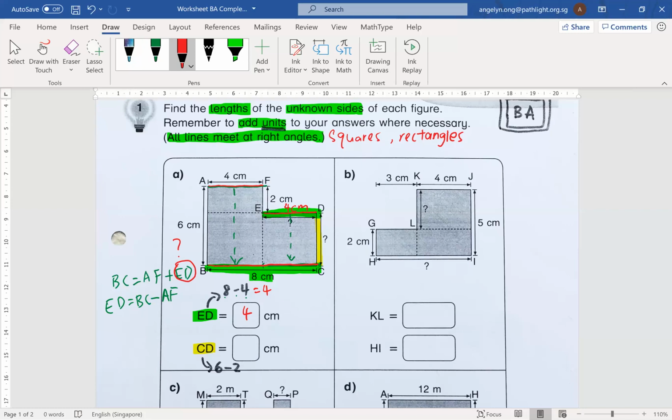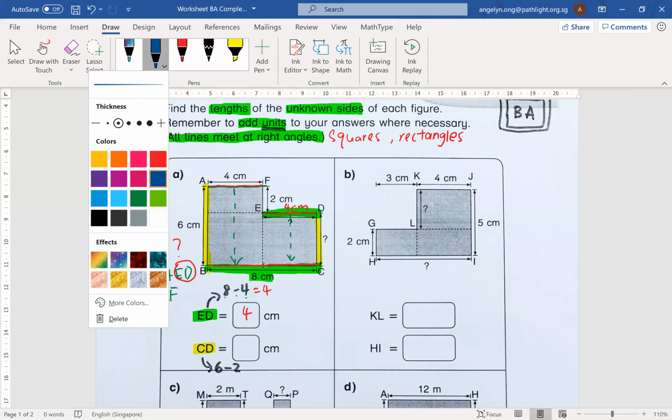Okay, now let's move on to the line CD. How do we find the line CD? We can see that the long line AB, this one here, can be broken up into two parts. One is actually CD, which is what we need to find. And how do I know that?